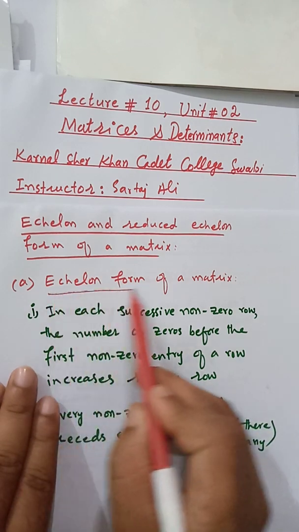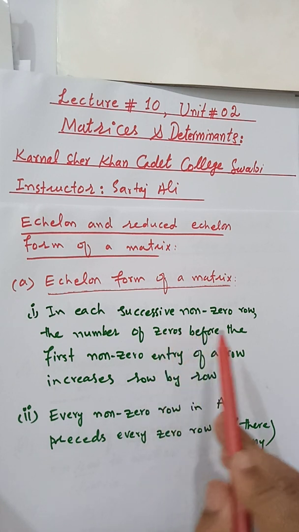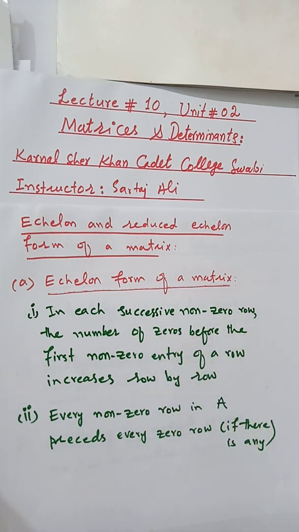Echelon form of a matrix: in each successive non-zero row, the number of zeros before the first non-zero entry of a row increases row by row. And every non-zero row in A precedes every zero row. So what does it mean?